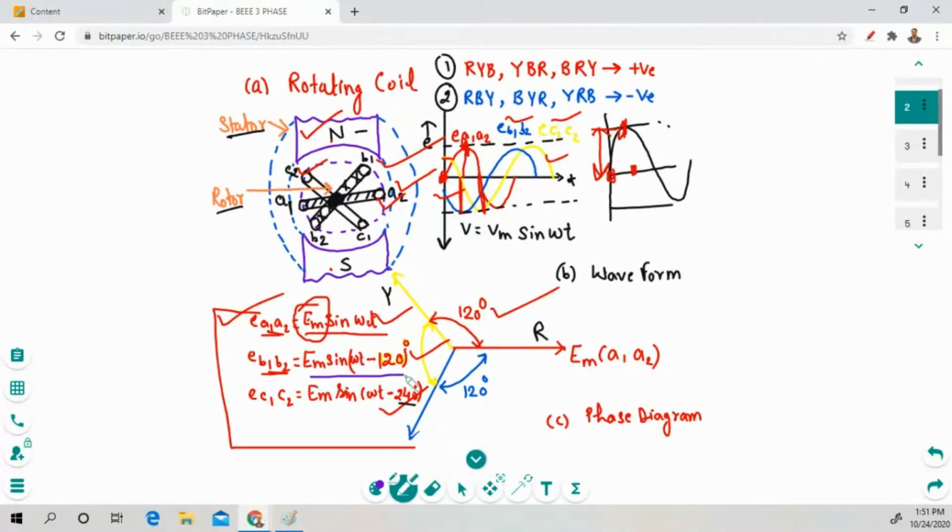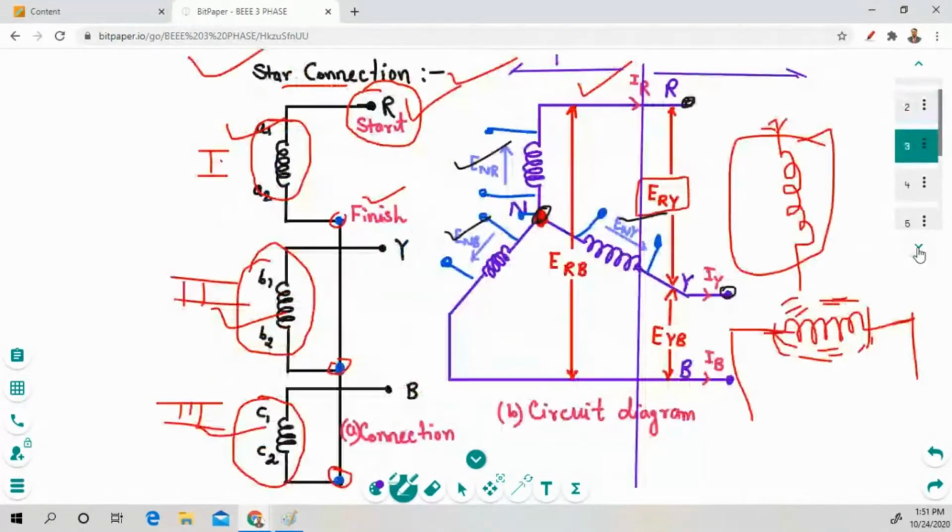So this is the representation for the second phase, and this is the representation for the third phase. In the first phase, a 120 degree phase difference is produced. In the second, we have represented Em sine of omega t minus 120, and in the third phase we have represented omega t minus 240. Have you understood how we have generated these phases?